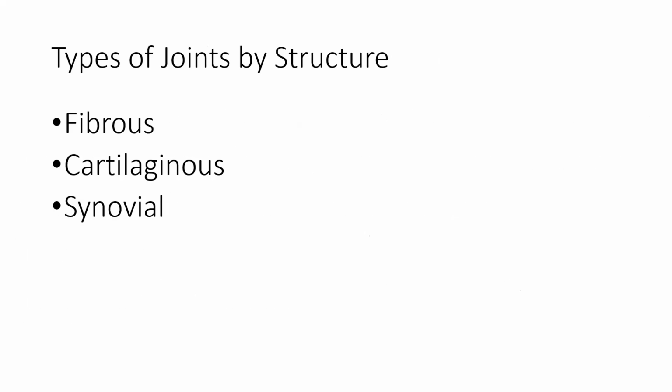So those are joints by movement: synarthrotic, amphiarthrotic, and diarthrotic. Immovable, like the sutures or the gomphoses; slightly movable, like the pubic symphysis, the intervertebral disc, the joint at the end of the tibia and fibula, the costal joints in the ribs.